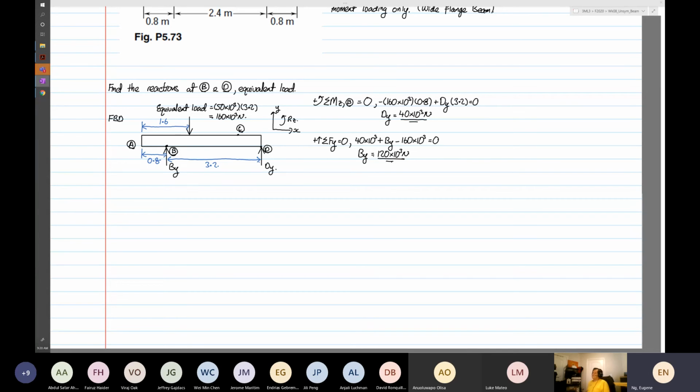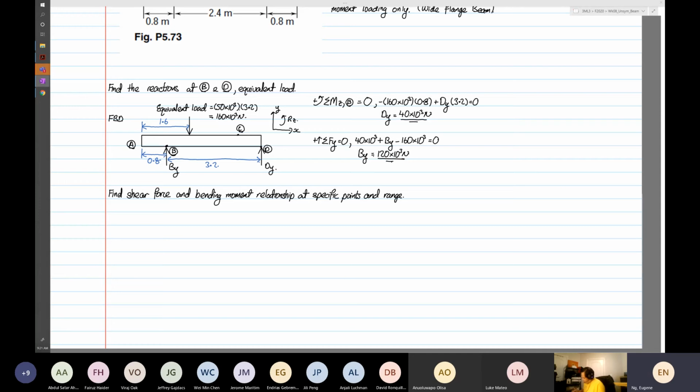We're going to find the shear force and bending moment relationship at specific points and in a certain range. Okay, so what some of you might say, Eugene, what do you mean by specific point and range?